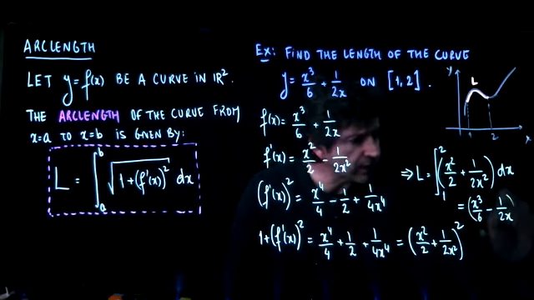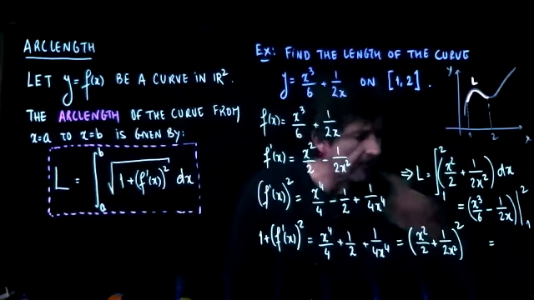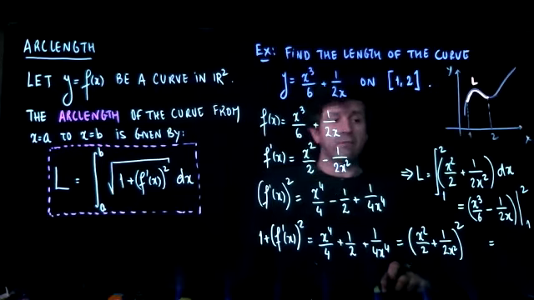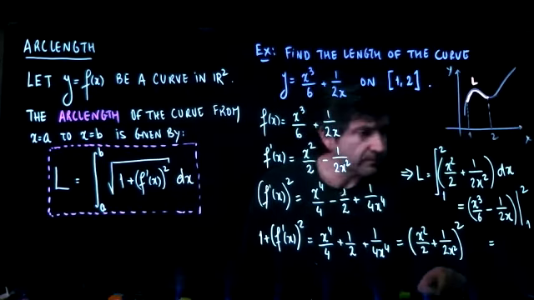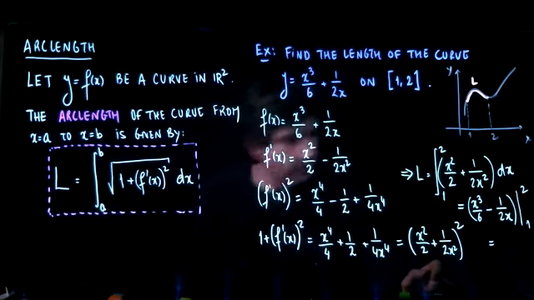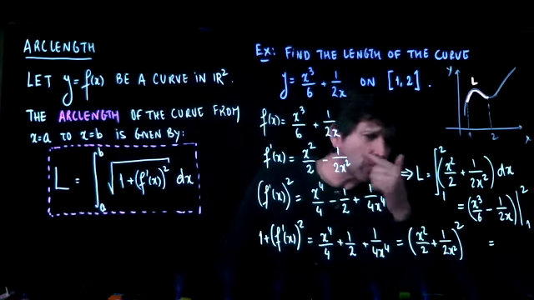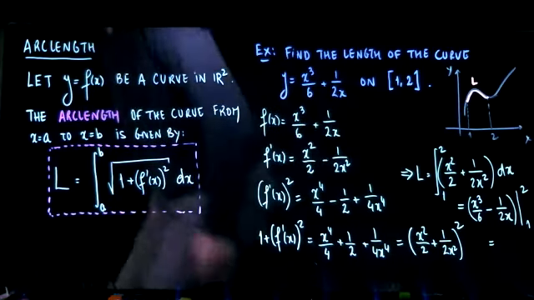And then all this evaluated from 1 until 2. And I don't know what I get. I need my calculator. Or I could do it mentally. 8 over 6 minus 1/4. I don't know, I'm just going to calculate it.